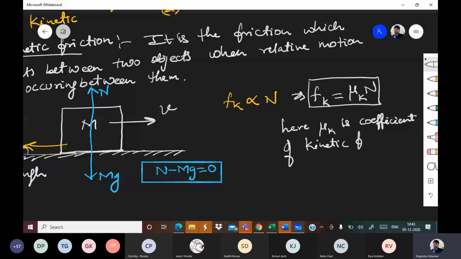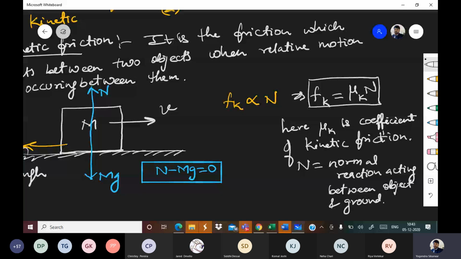N is the normal reaction acting between the object and the ground.